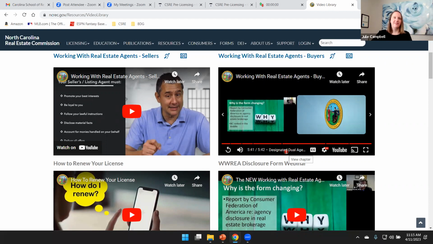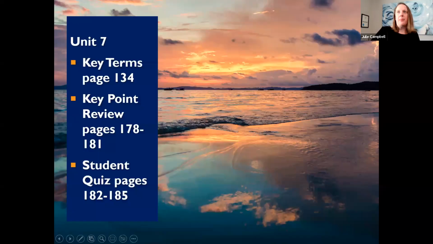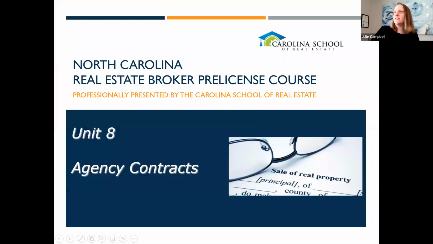Big deep breath. Here we go to Unit 8. Still on agency, but talking a little bit more about agency. In Unit 8, specifically, we're getting into our agency agreements, which are binding contracts between the principal and the firm.